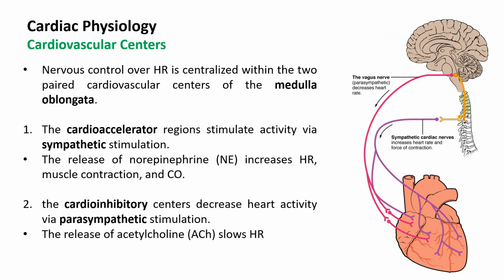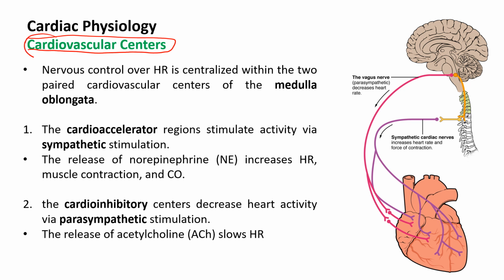Another important concept that we need to go through is the cardiovascular center. It's something you learn in A&P 1. Basically, it's saying which part of the brain can control or modify your heart rate, and not just the heart, but also the vessels, that's why it's called cardiovascular.